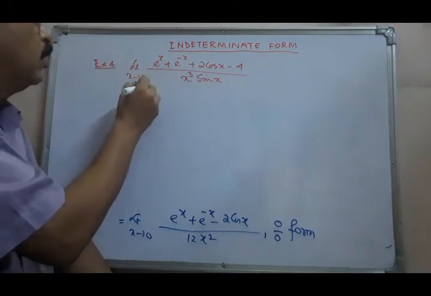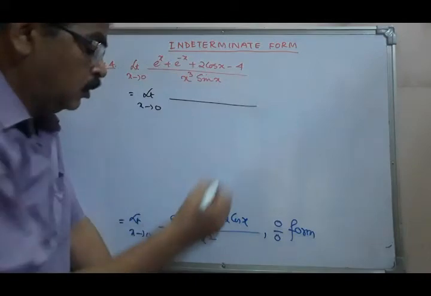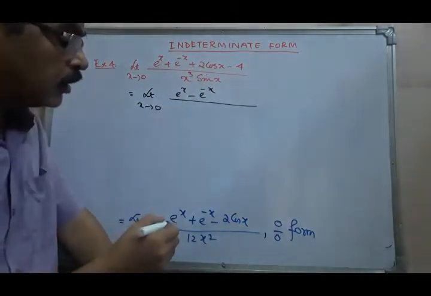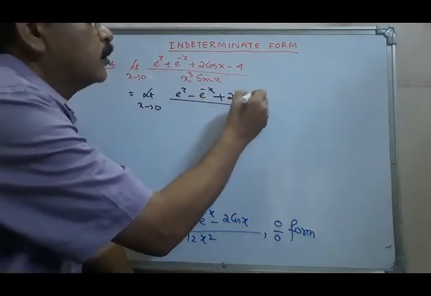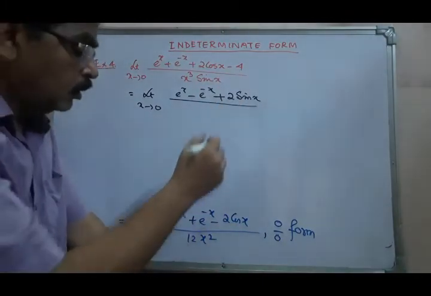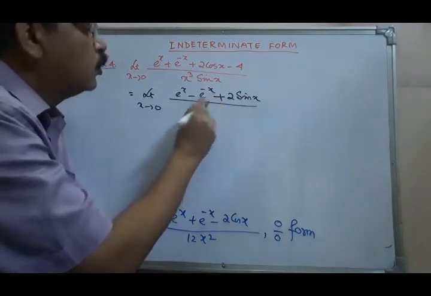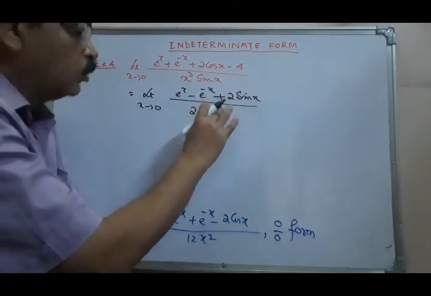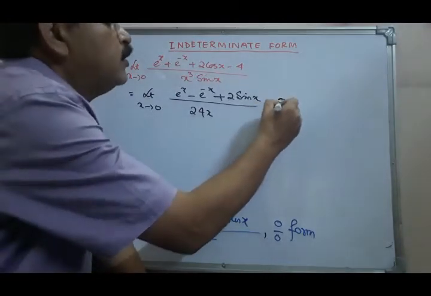So it is coming now, limit x tending to 0, (e^x - e^(-x) + 2 sin x) divided by 24x. Again it is coming 0 by 0 form.